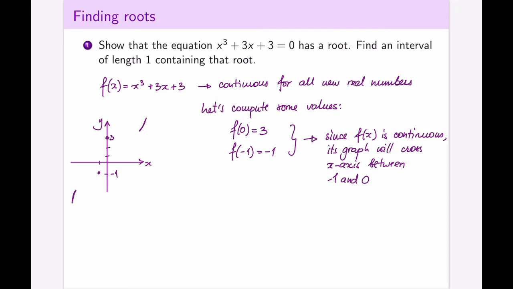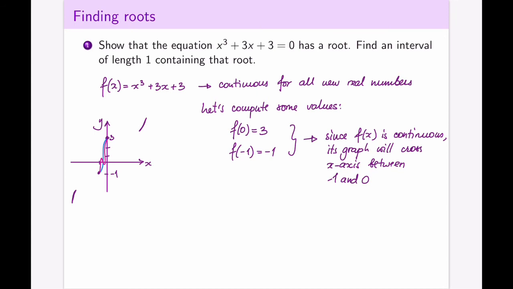Now, I know it will cross at least once, but I don't know whether or not it's going to cross more than once. So my graph could look like this, or my graph could very well look like that. All I know is that a crossing occurs. I don't know how many crossings actually do occur. Maybe more than once, maybe exactly once.